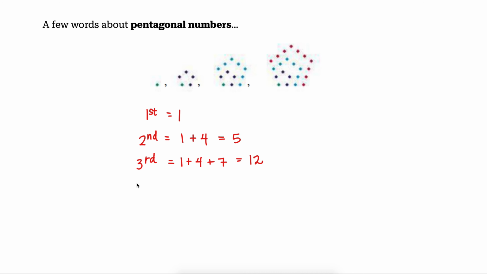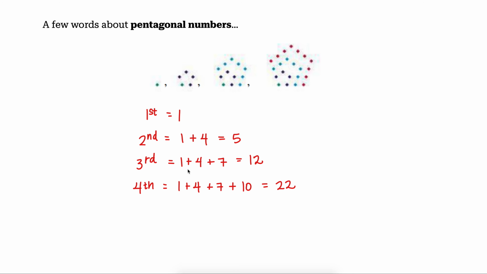Our fourth one, we have 1 plus 4 plus 7, and again we need to add out here. So that's 1, 2, 3, 4, 5, 6, 7, 8, 9, 10. So 1 plus 4 plus 7 plus 10 adds up to 22. Now, can we see a pattern? Hopefully you can.